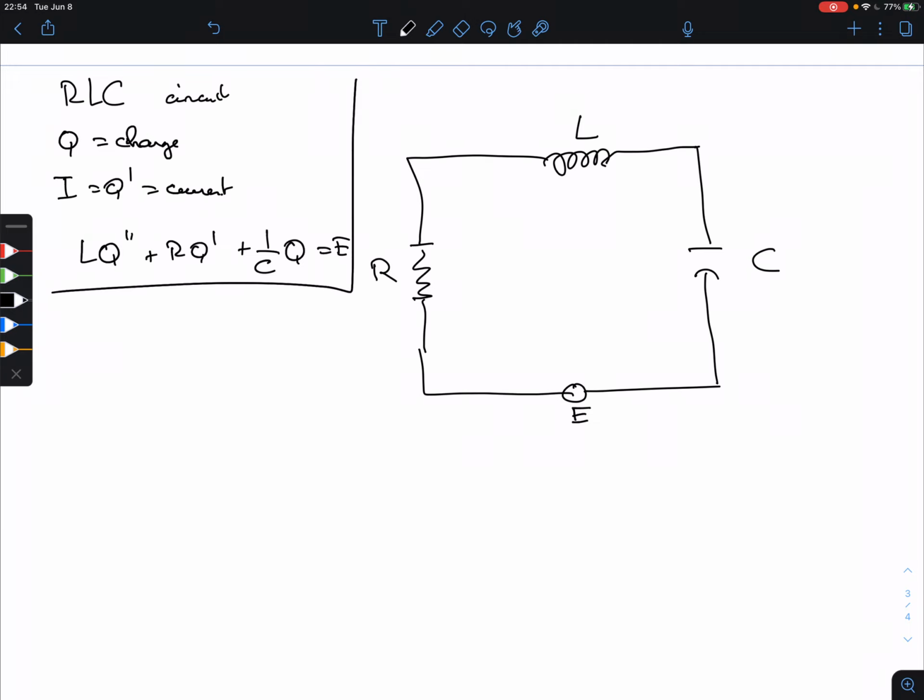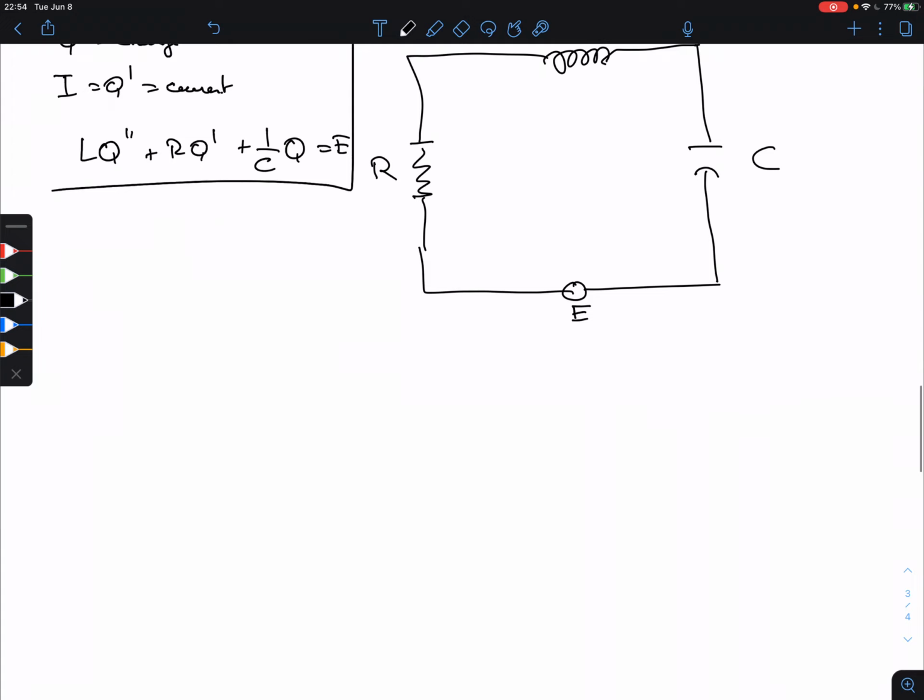Now, here's the question. Let me read it for you. I'm just going to give you the numbers. We have an RLC circuit, but I put the R between brackets, so without a resistor. Let's say the resistor broke.